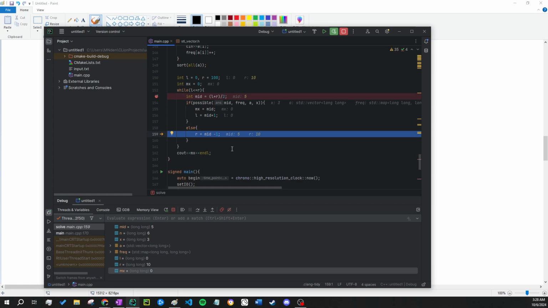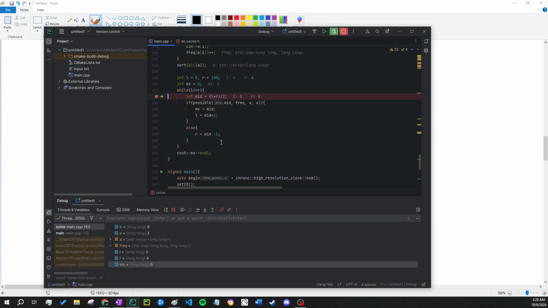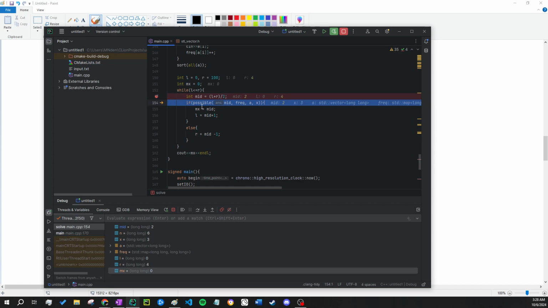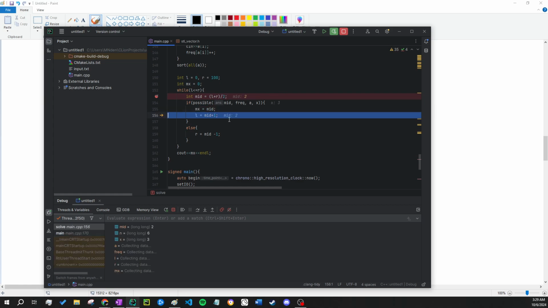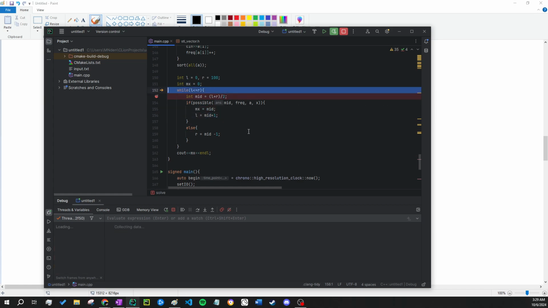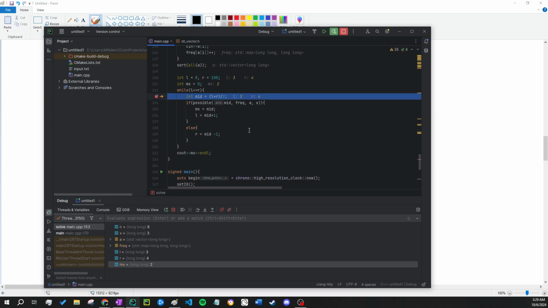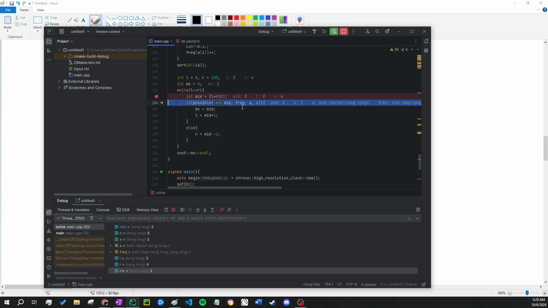Okay, so 5 does not work. This should. 2, this is true. 3 and 4. Now what's mid now? Mid is 3. This should work too. Let's see why it's not working.